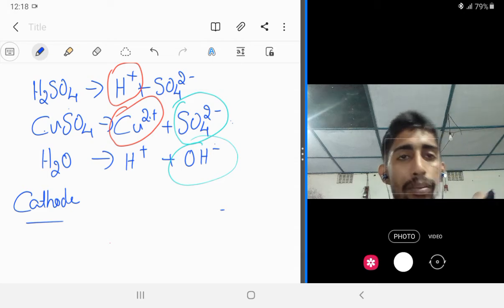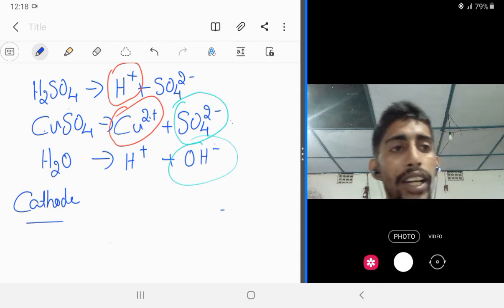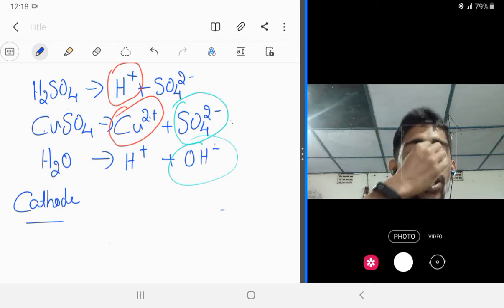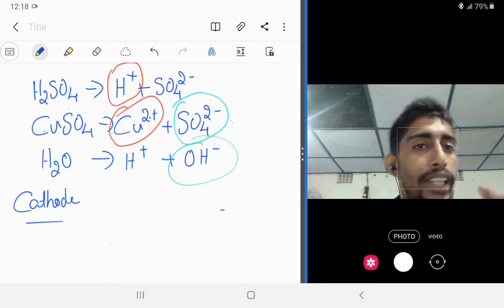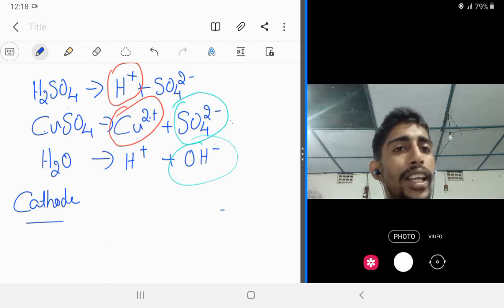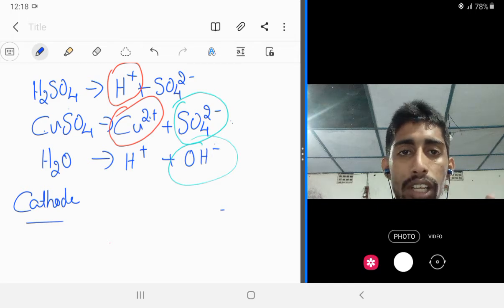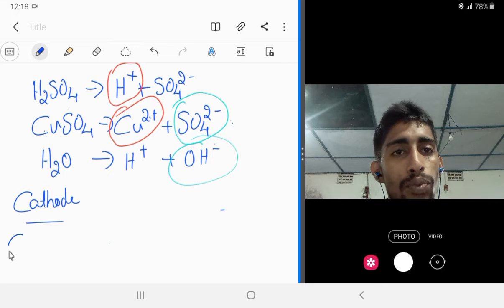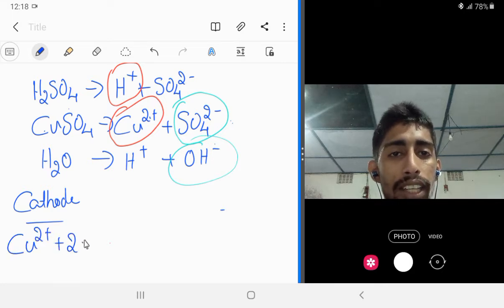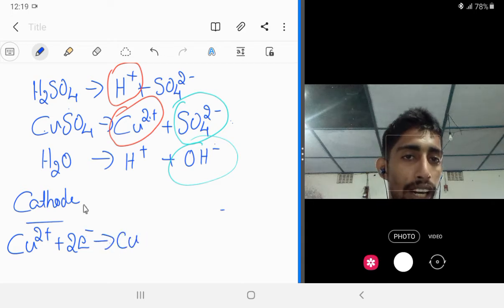Among H plus and Cu2 plus, which one will move to the cathode? Cu2 plus is lower in the electrochemical series. So Cu2 plus will move to the cathode, gain 2 electrons and become neutral.